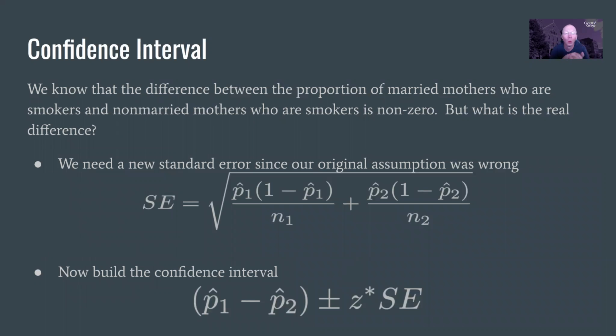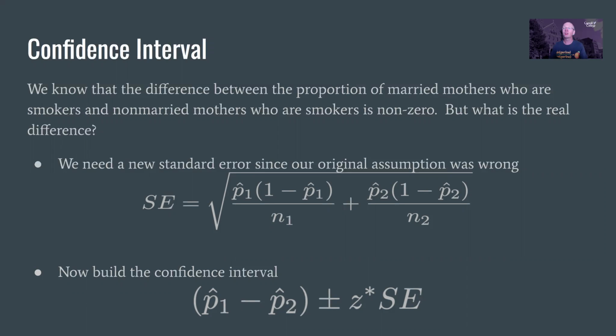So, when we build a confidence interval, we have taken the original hypothesis that we built everything else on and threw it out the window. We know that the proportions are not equal to each other. So we need a different formula for our standard error. Our pooled standard error is no longer going to do the job because the pooling process assumed that the two proportions were equal.